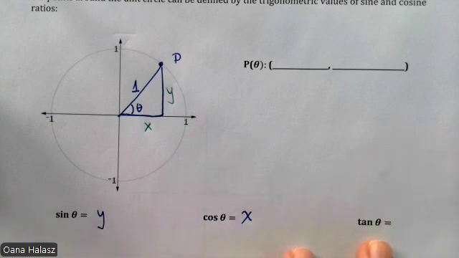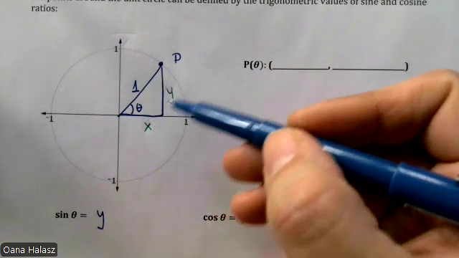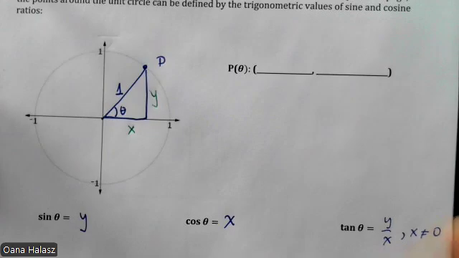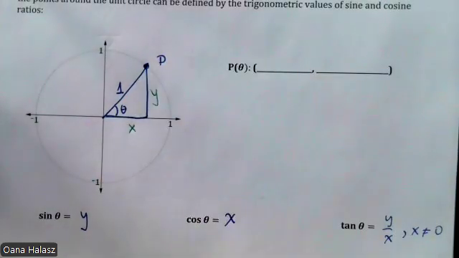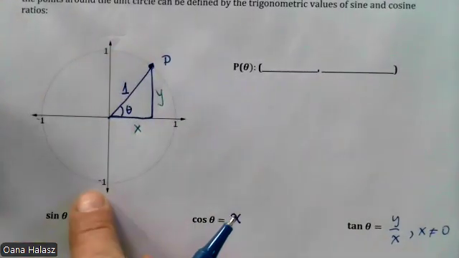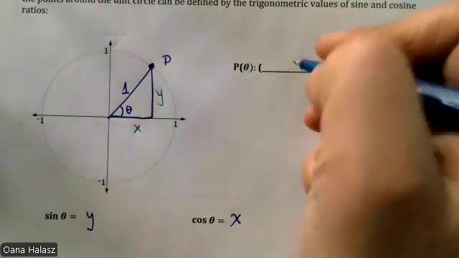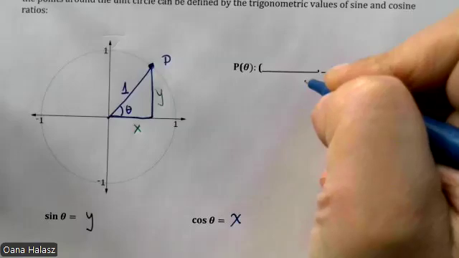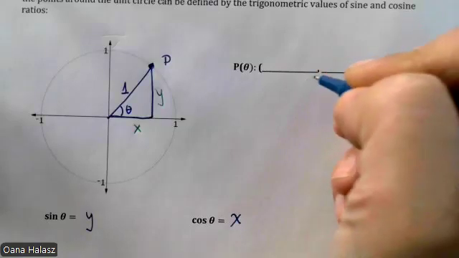The tangent, because it's not dependent on r, will be the same thing, right? It's going to be y over x. Again, x cannot be 0. So any point now on this unit circle with the radius 1 would just have the xy coordinate defined by the trigonometric values of cosine and sine in that order.